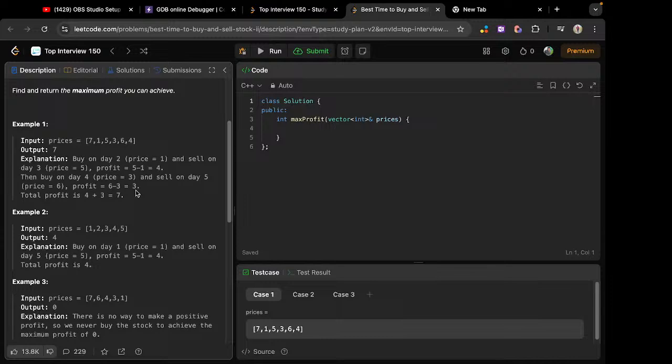What I can do is take one as the minimum. I can use two stacks, one for minimum and the other for maximum. That can be solved.